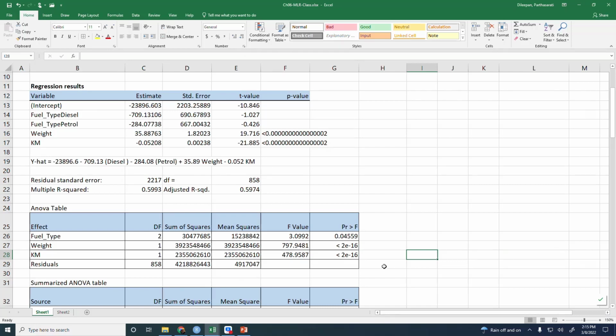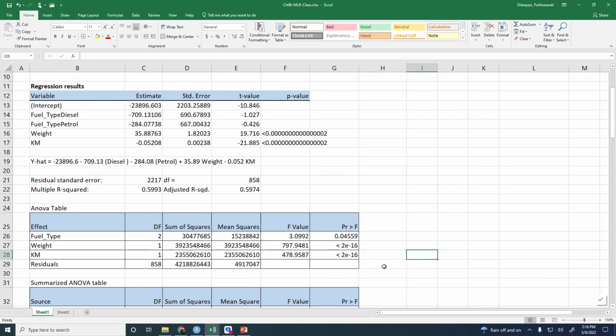So if you take the t for weight and kilometers, you square that, you'll get exactly the f value here. So you can try that. Square that, you get this. Square that, you get this. Okay. So whatever decision based on the p-value that you make here is going to be the exact same decision that you will make here as well. Okay. It's just that instead of t, it's presented as t squared in this.